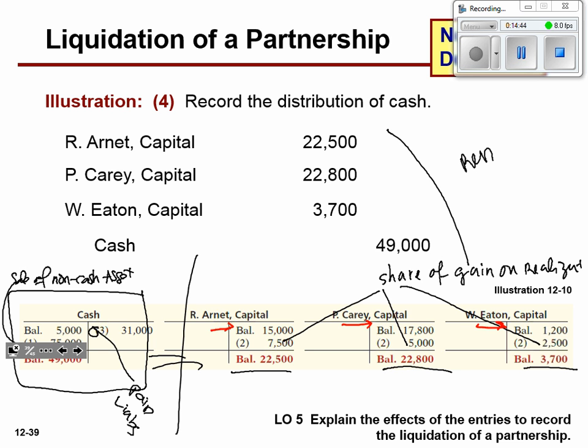But back from step 2, they each got a little chunk of that 15,000. Remember, this partner was 3/6 of the 15. This guy was 2/6. This was 1/6. Remember where we got those gains? They get a little bit more. So then they're sitting there with these final balances.